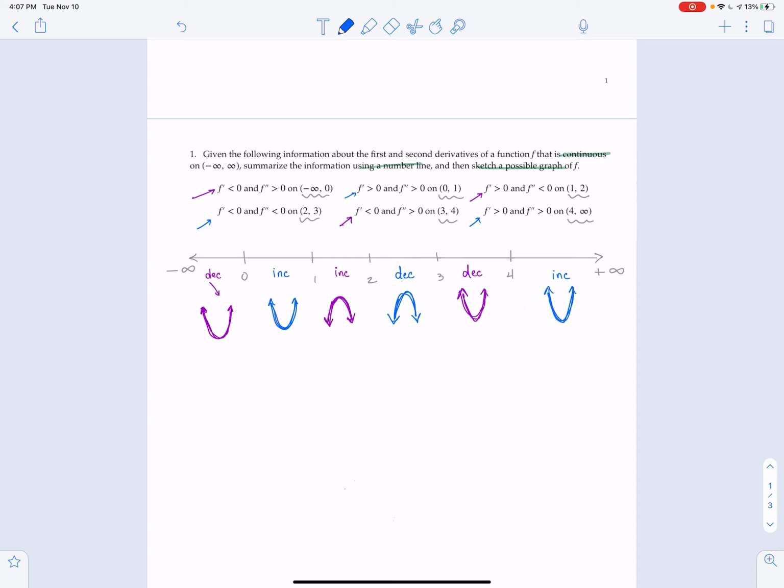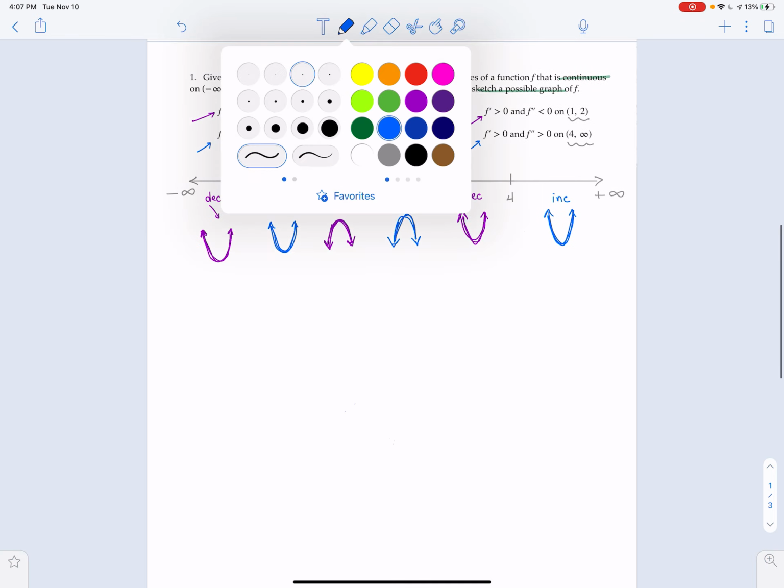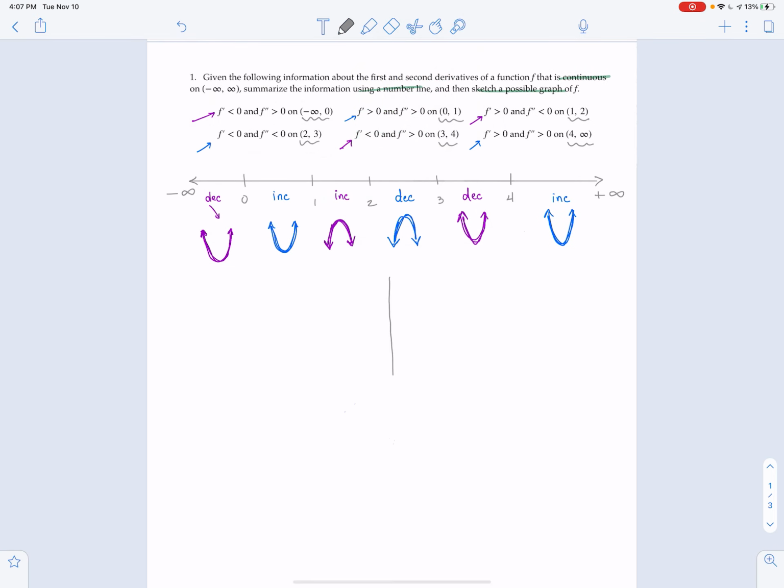Now, this seems like it might be weird information to deal with, but even though we don't have intercepts or anything more than this derivative information, we can still get the good shape of a graph. The only thing that ends up mattering are these x values, 0, 1, 2, 3, 4, and we'll extend this out a little bit.